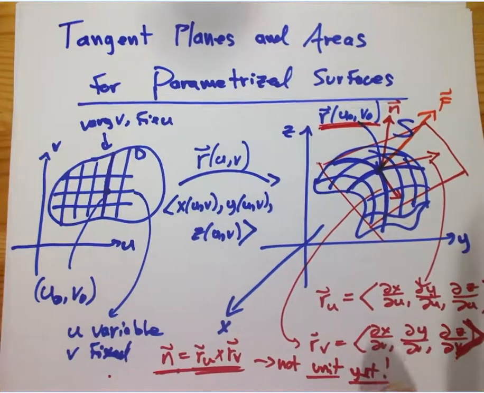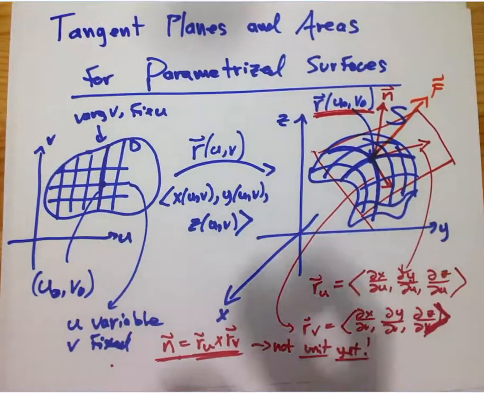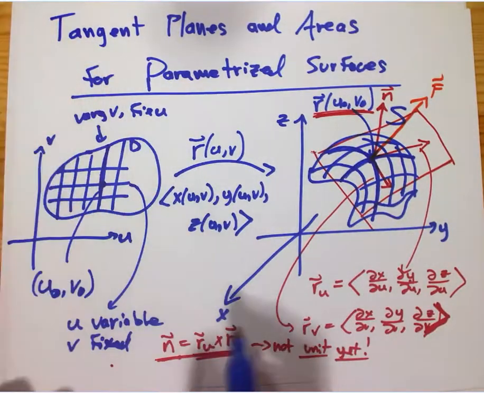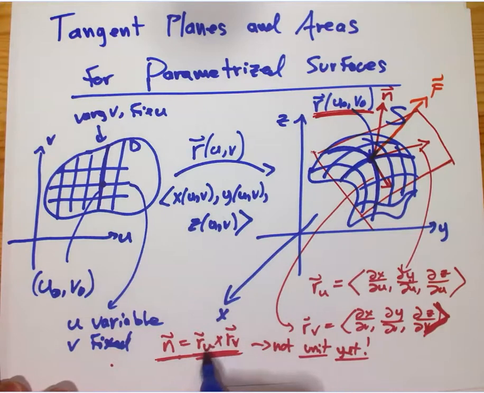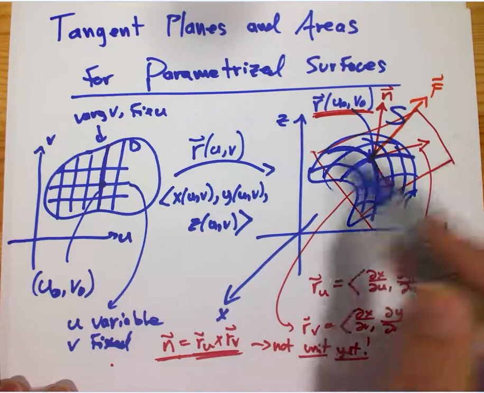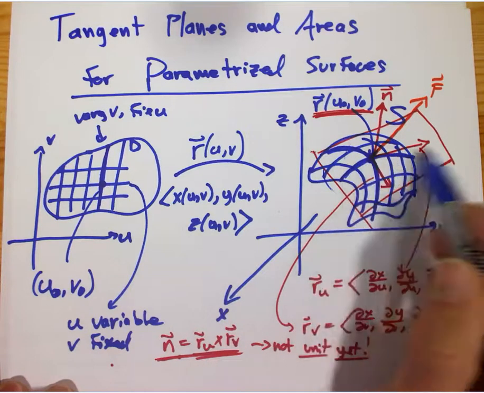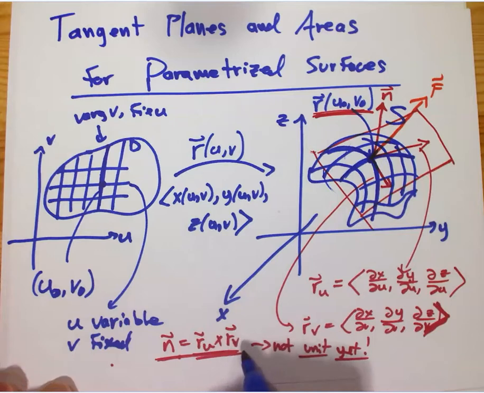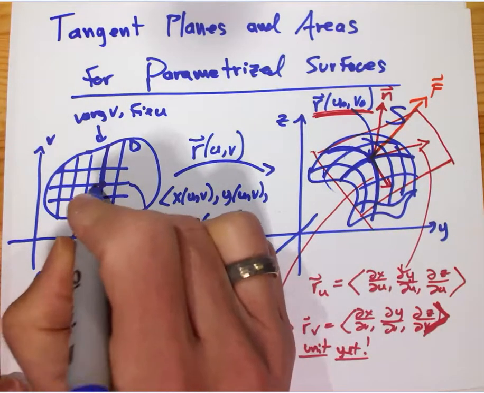What about area, though? So there we want to look at another thing about the cross product. Here, all we've used about the cross product is that its direction is orthogonal to the plane that we want. It's orthogonal to these 2 vectors that make up the cross product, and therefore it was perpendicular to the tangent plane. So now we're going to look at this.